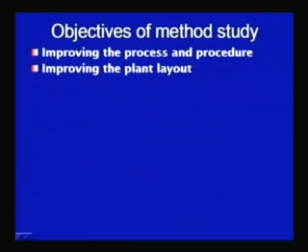Improving the plant layout is a very important objective which can be achieved by method study. It helps to identify the locations of the different stations, where they should be placed for reduced movement of man and material, avoiding unnecessary long movements in the course of production.